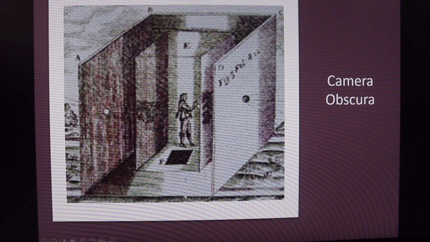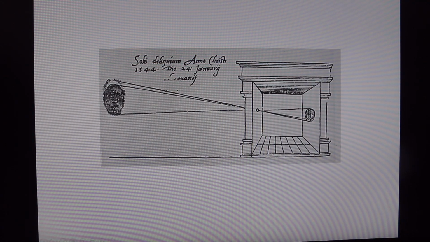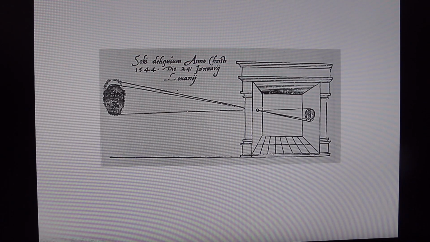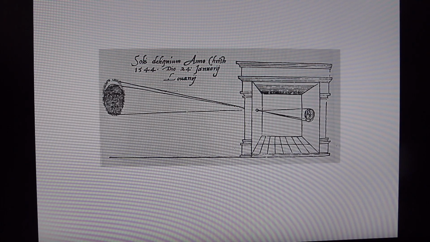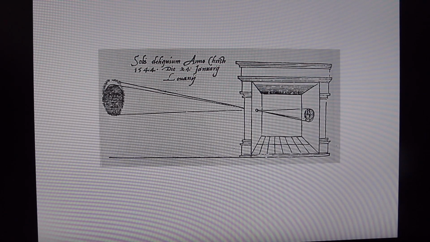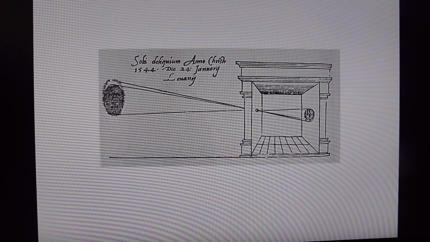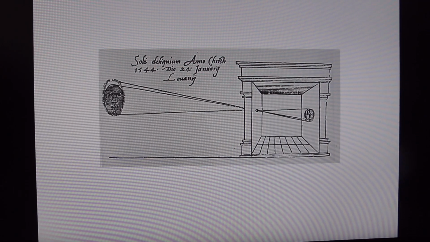If you were in a totally darkened room and you had a hole in the wall, what would happen was an image would be projected onto the wall opposite from that hole, and you could see the outdoors. The only thing is it would be upside down. So this is the beginning of that idea, a fascination with the projection of images into dark rooms that people like Leonardo da Vinci were interested in.